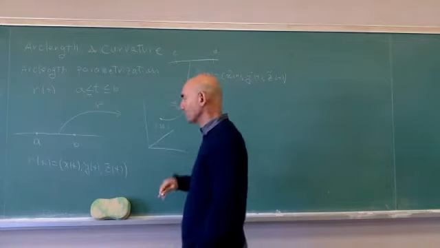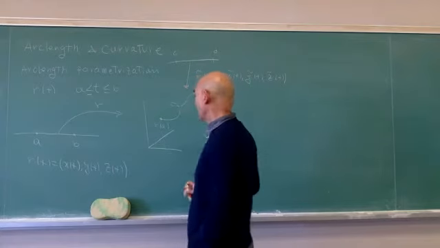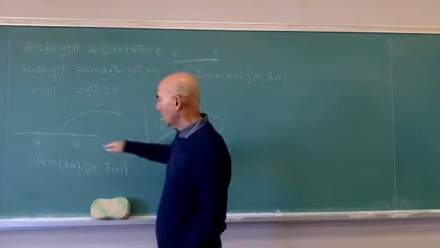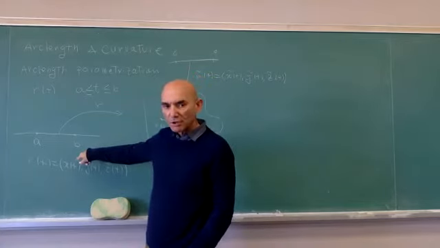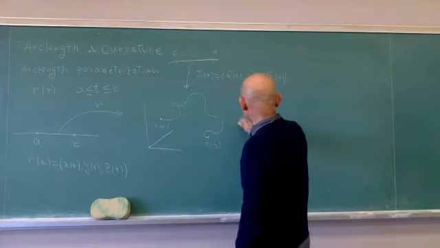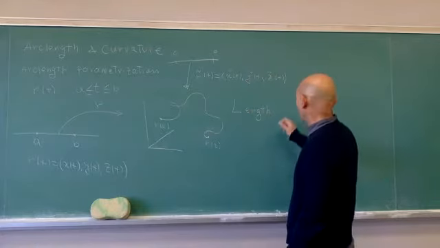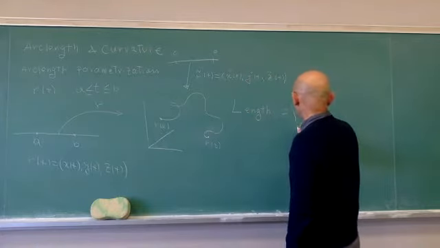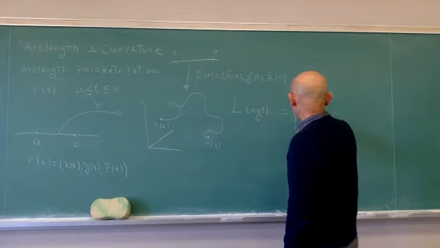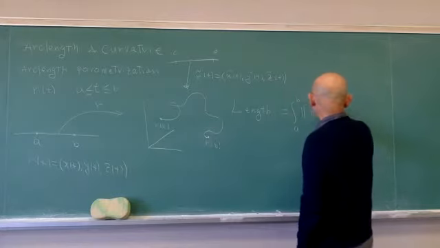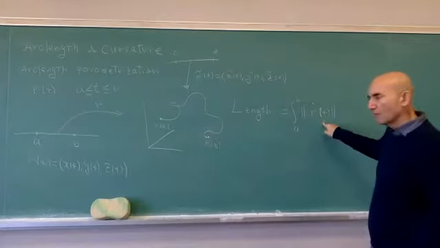This will change. So one of the things that we define for such curves, using the parameterization, was length. The length of the curve was equal to the integral from a to b of the square root of, so that was the norm of r dot of t. This was one formula.